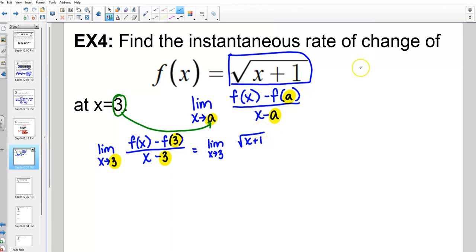And f of 3 means that I should plug 3 into the equation, so square root of 3 plus 1, which will give us the square root of 4, which will just be 2. So we need to have minus 2. And on the bottom we'll have x minus 3.